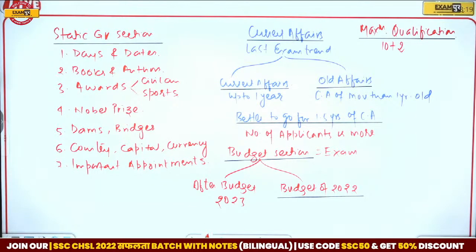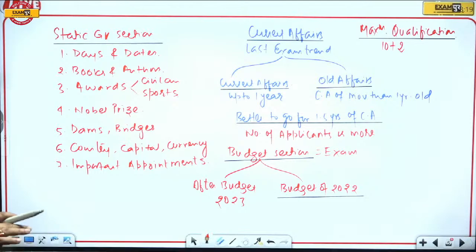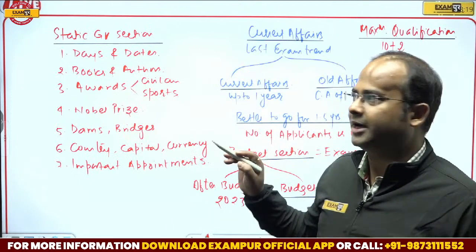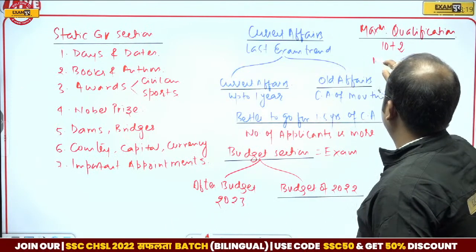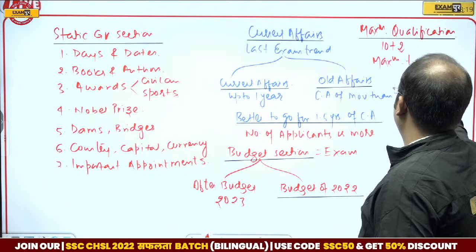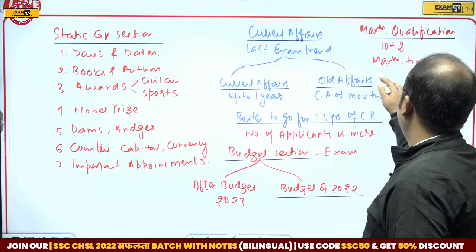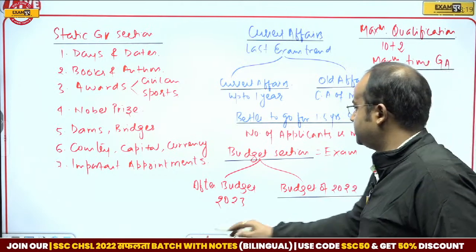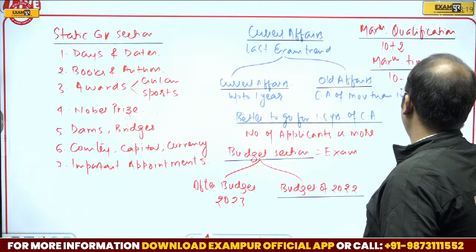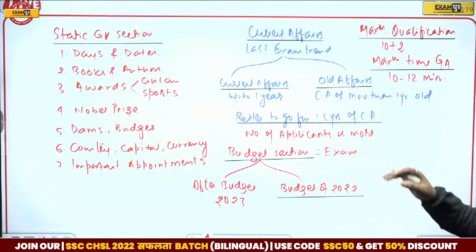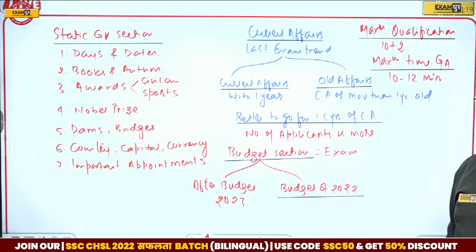Now, how to prepare for this exam so that you can score 45 plus marks? The maximum time that you can devote to the GA section is around 10 to 12 minutes, not more than that. This is the maximum time that you can devote to the general awareness section.